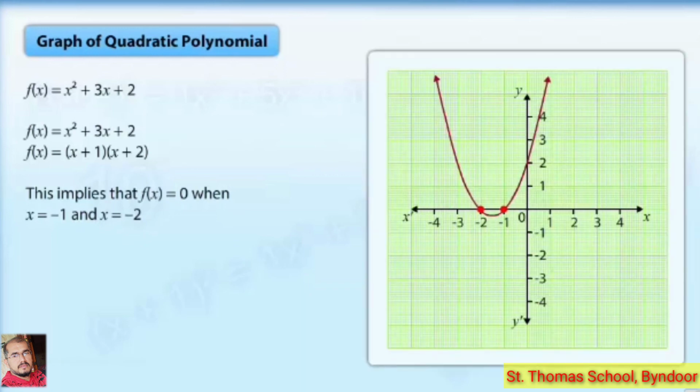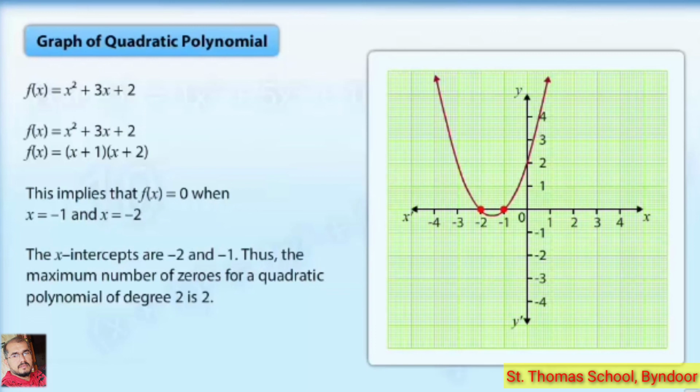Let us see the graph of the polynomial. It meets the x-axis at 2 points, (-2, 0) and (-1, 0). Hence, the x-intercepts are -2 and -1. Thus, the maximum number of zeros for a quadratic polynomial of degree 2 is 2. Therefore, we can conclude that the x-intercepts in the graph are the zeros of the polynomial.